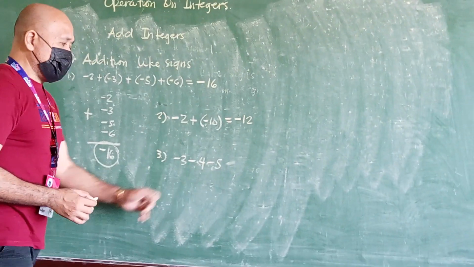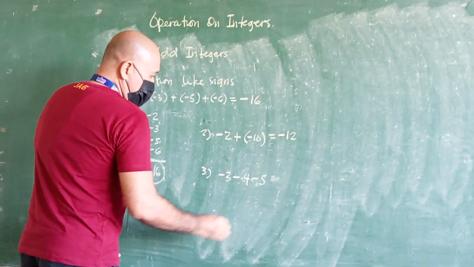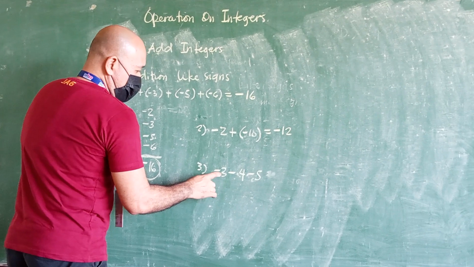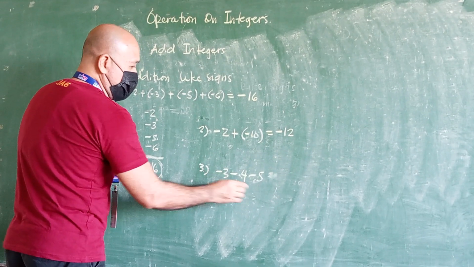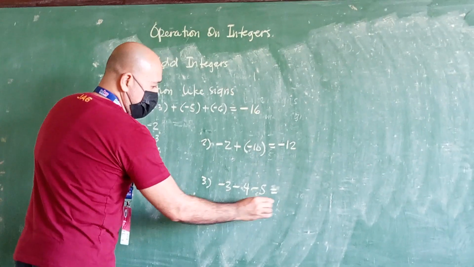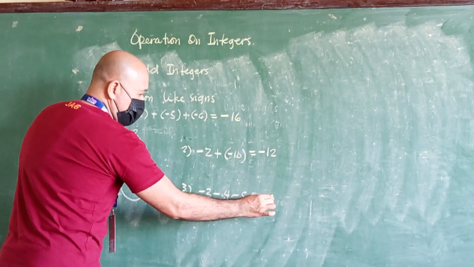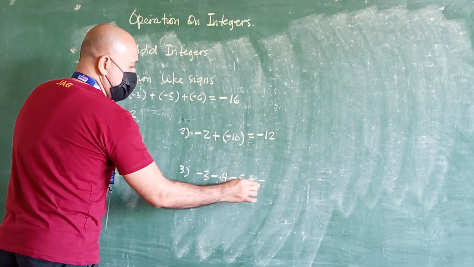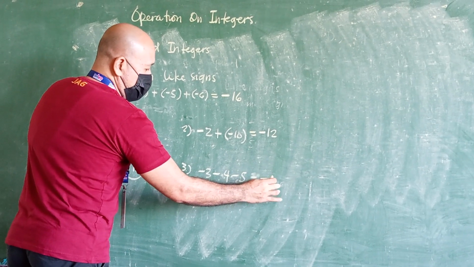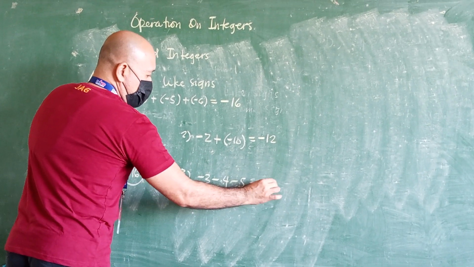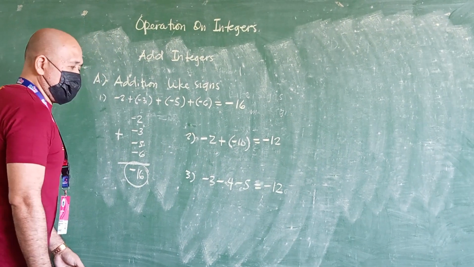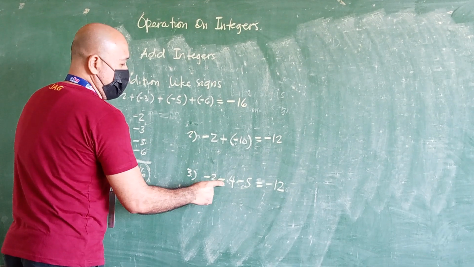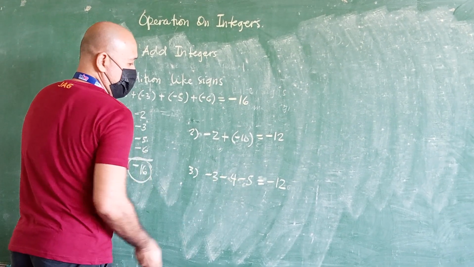Maybe your teacher will only tell you that you just have to copy the common sign, bring down the common sign, and add directly all the numbers. That is 3 plus 4 plus 5, that is equal to 12. And then you have this question, why is it 12 since it is negative 3 minus 4 minus 5?